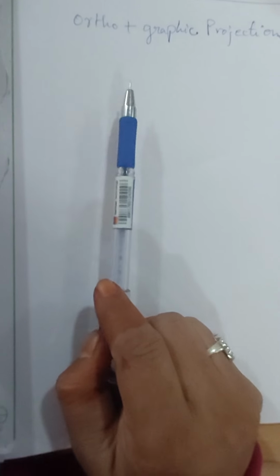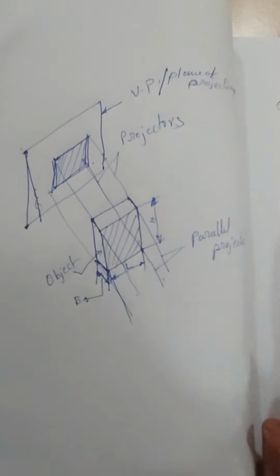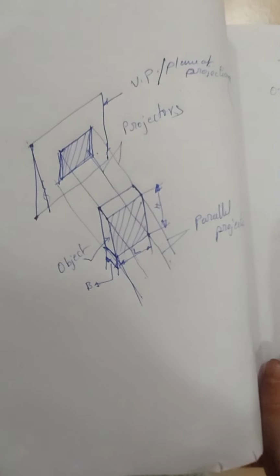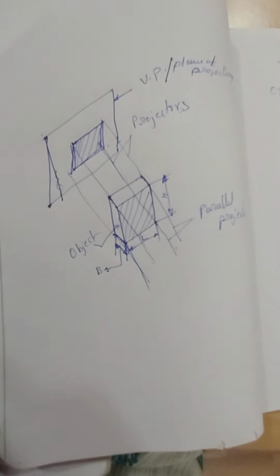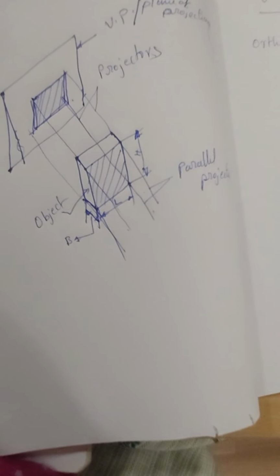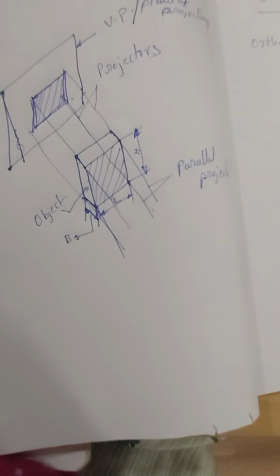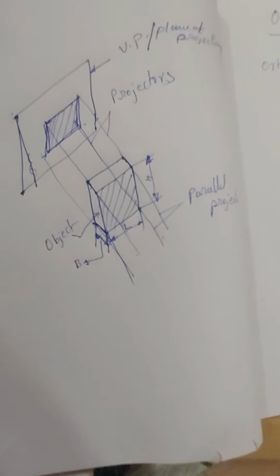Those are the rays of sight. As we have discussed, ortho means 90, and orthographic projections means right-angled drawings, when the projectors are perpendicular to the plane on which the projection is obtained.